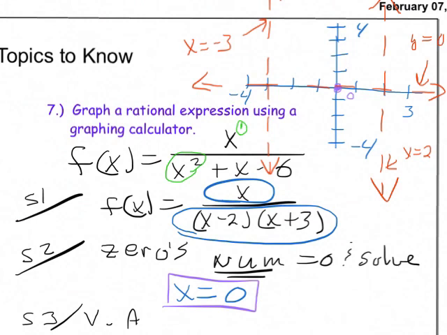All right, now that you've graphed it, where was it? If yours was anything like mine, it was in this location right over here. It was here, it was there, and it went here.